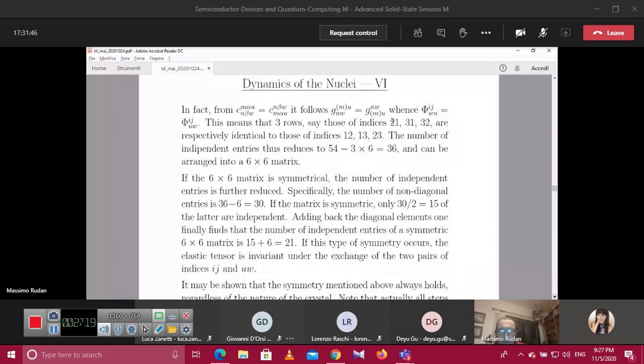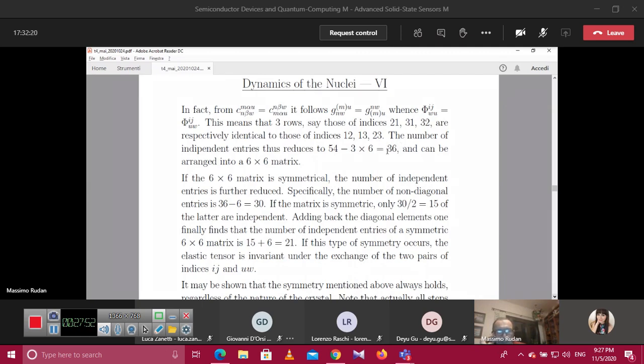So we have row of indices 2, 1 equal to row of indices 1, 2, 3, 1 with 1, 3, 3, 2 with 2, 3. So we can eliminate rows of indices 2, 1, 3, 1, and 3, 2. So we eliminate 3 rows, but now the length of the rows is 6. So we are eliminating 18 terms, 18 entries, and we are left with 36.